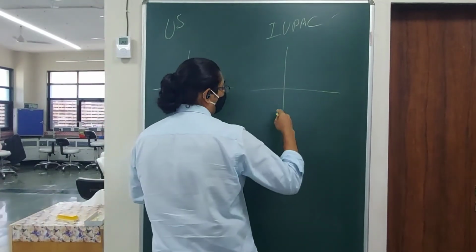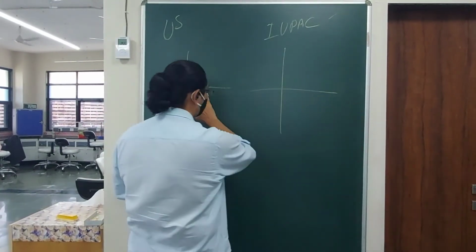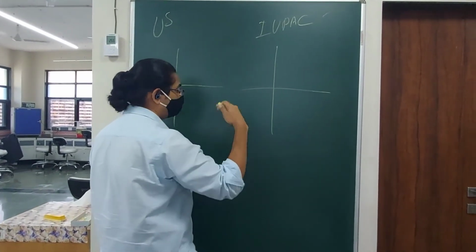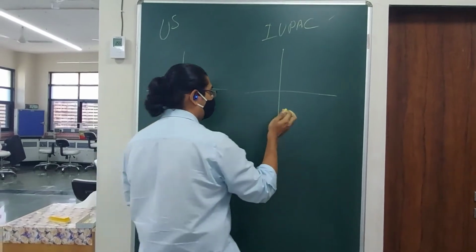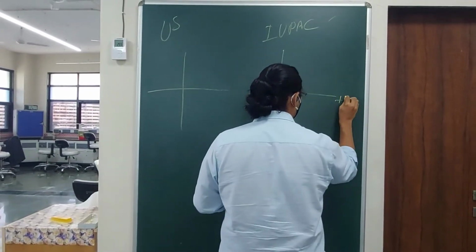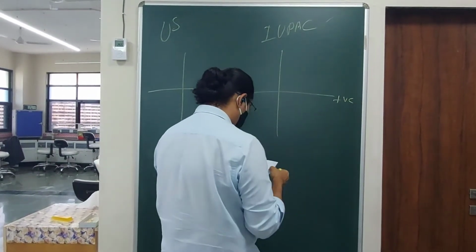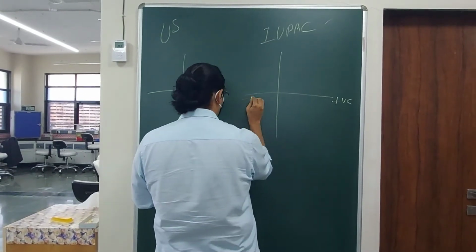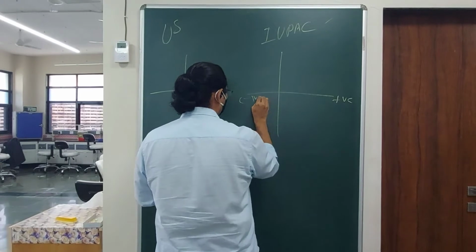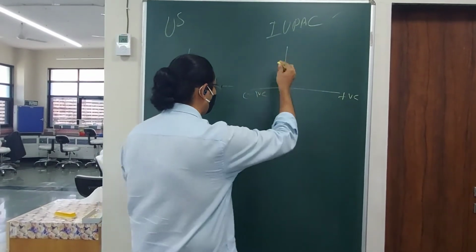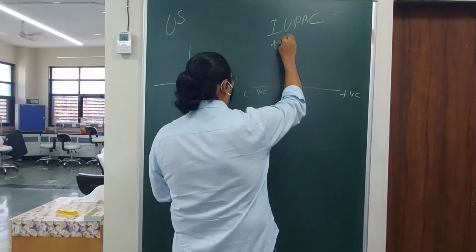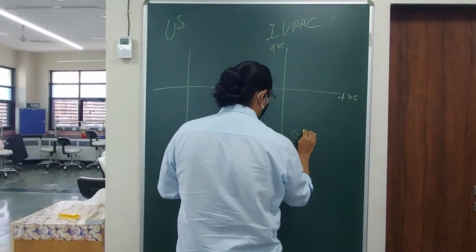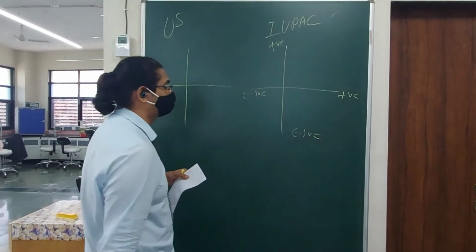Of course in both of them the voltage is on the x-axis and the current is on the y-axis. It's just the directionality that is changed. For IUPAC the positive is here, and negative is on this side; for the current, positive is up and negative on this end.